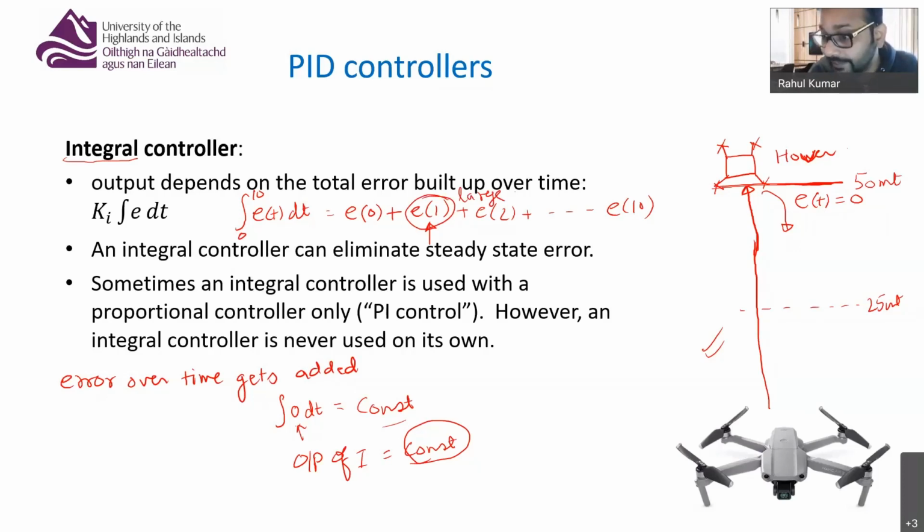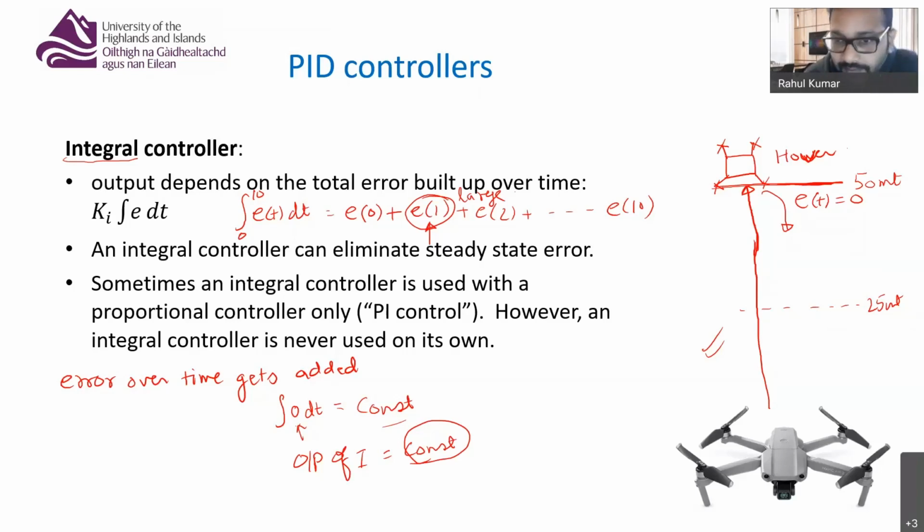Because you are integrating the error signal, the output generated by your integral controller will all of a sudden increase. It will produce a very large control action even for a large error lasting a small period of time. So that is one of the limitations of your integral controller.